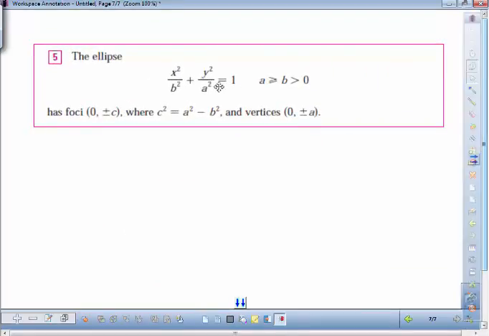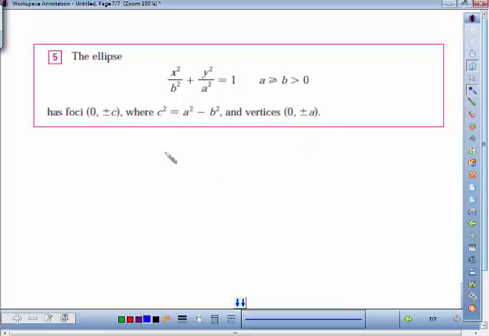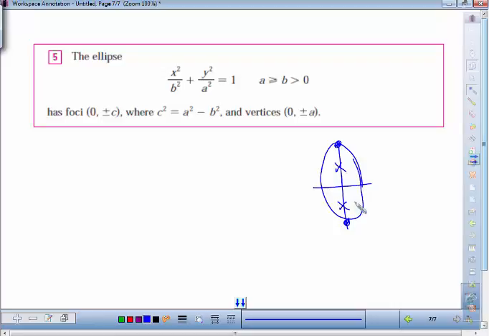But all that means is that your vertices and your foci are going to be along the y-axis. That's the only difference. Well, that's the thing, is that they switch this, and so it's still a squared minus b squared. Should I fix the notes?